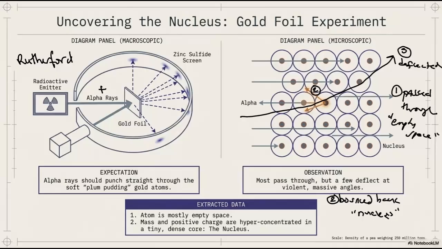If the alpha particle is positive, that nucleus has to be positive as well, because that's the only way that particle can be deflected. If it was negative, it would be attracted towards the nucleus, and that's not what happens.